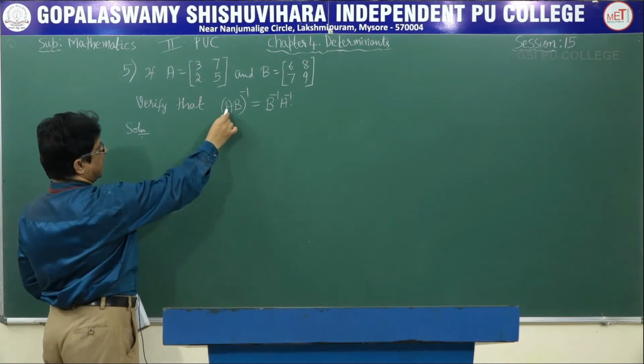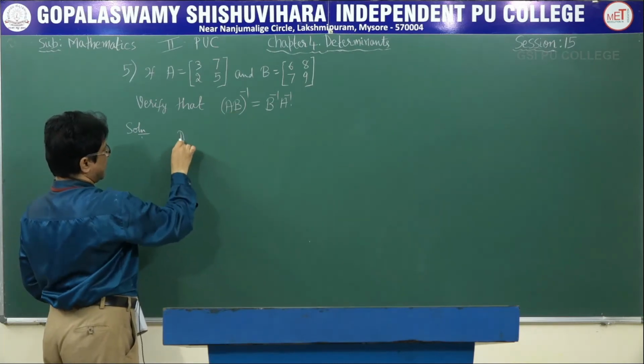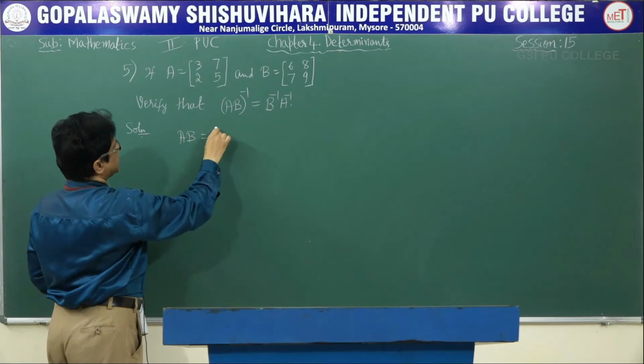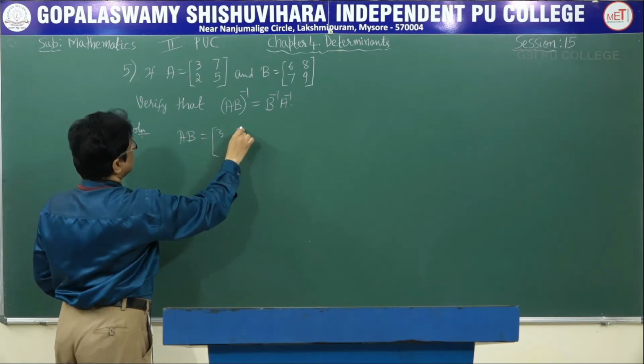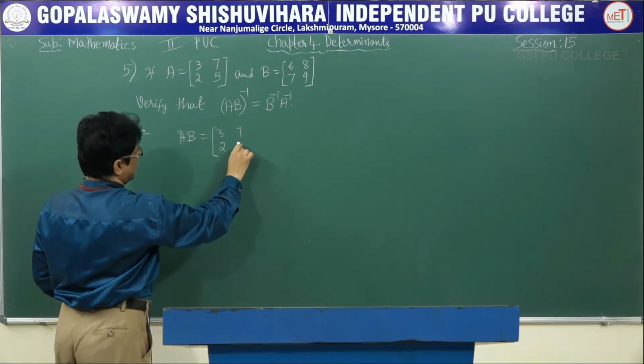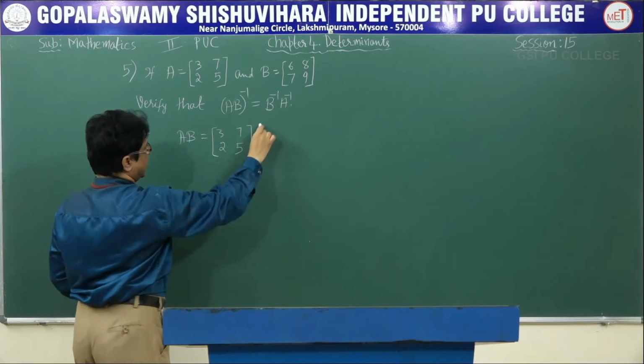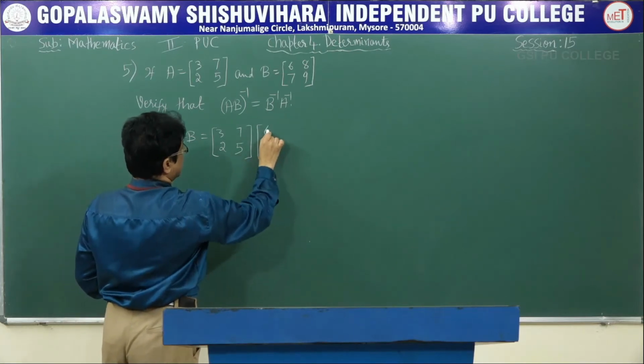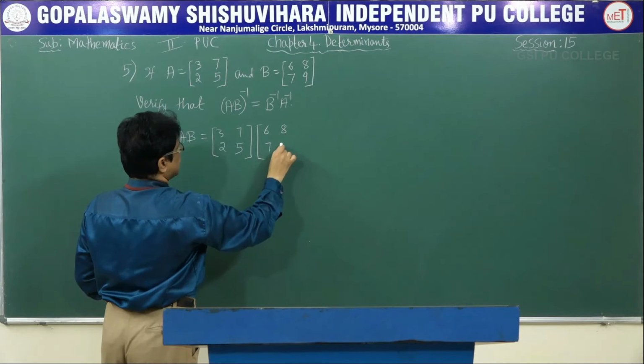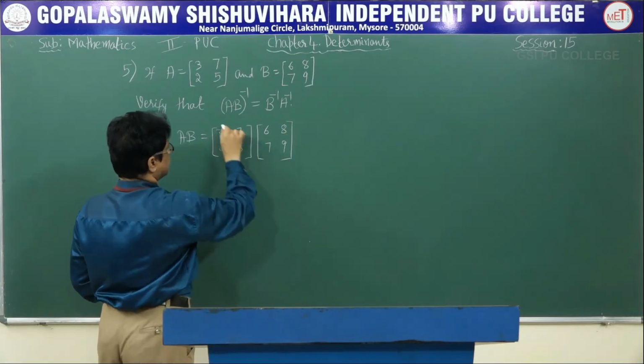Let us first find AB. So AB is equal to 3, 7, 2, 5 into B, 6, 8, 7, 9.